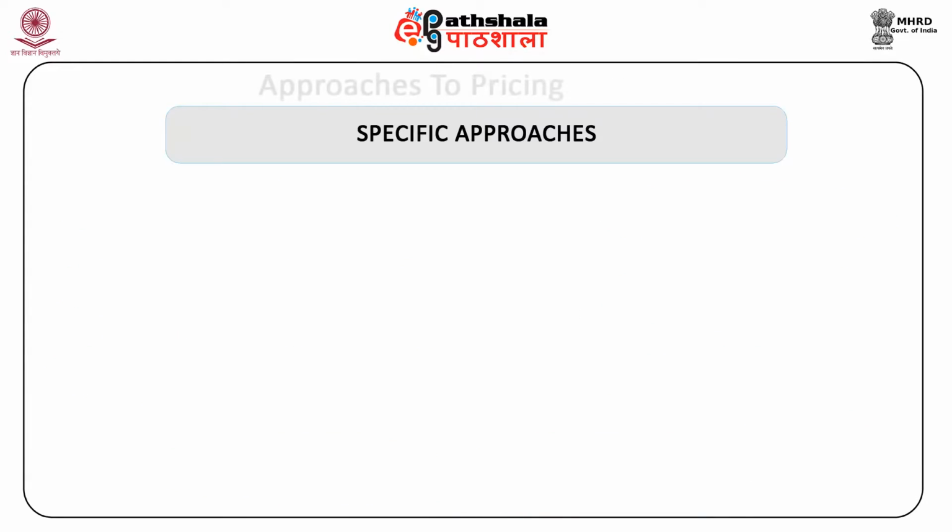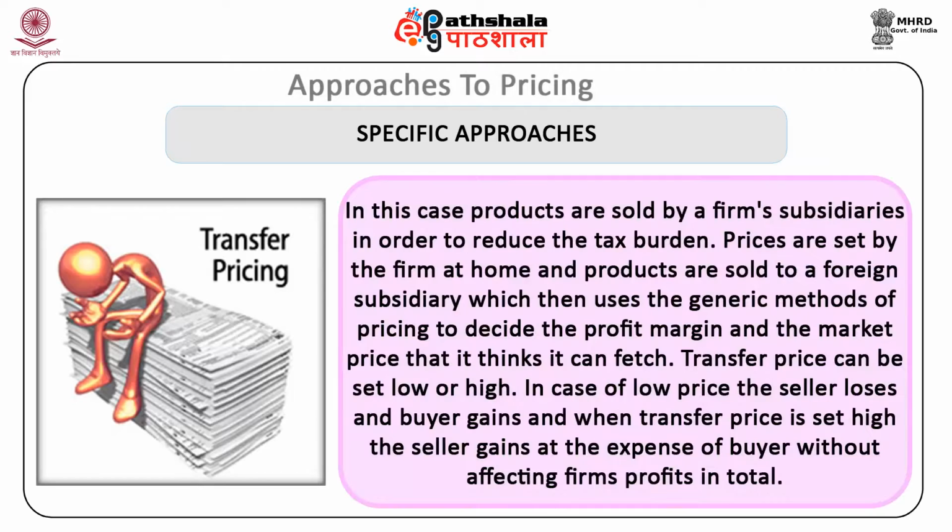Among specific approaches to pricing, first is transfer pricing. In this case, products are sold by a firm's subsidiaries in order to reduce the tax burden. Prices are set by the firm at home and products are sold to a foreign subsidiary, which then uses the generic methods of pricing to decide the profit margin and the market price that it thinks it can fetch.